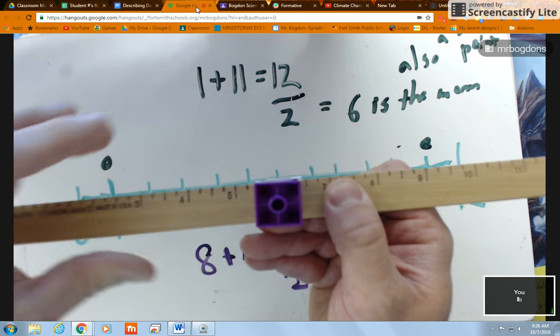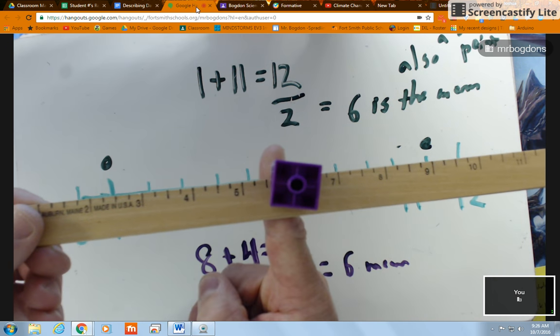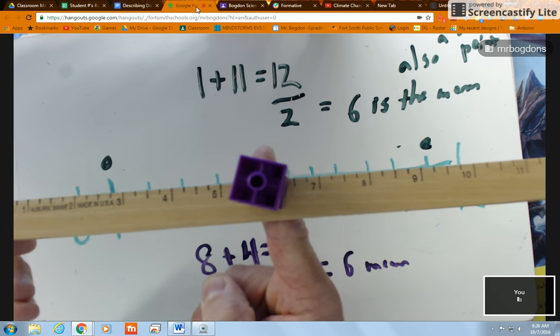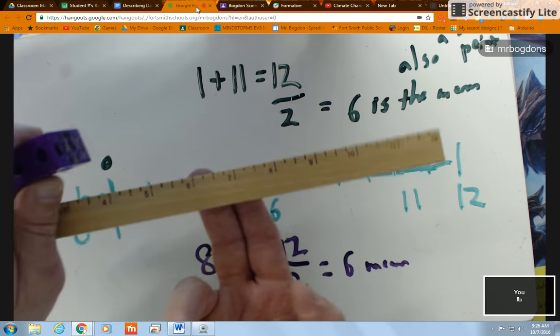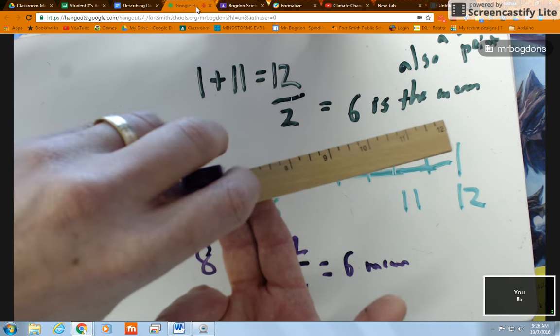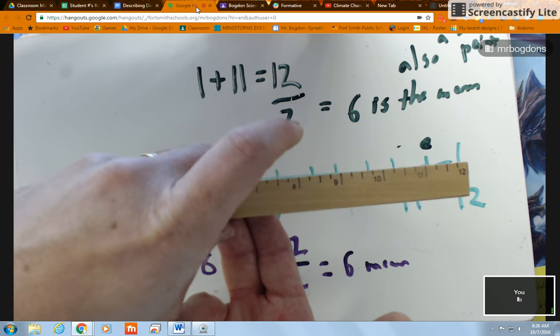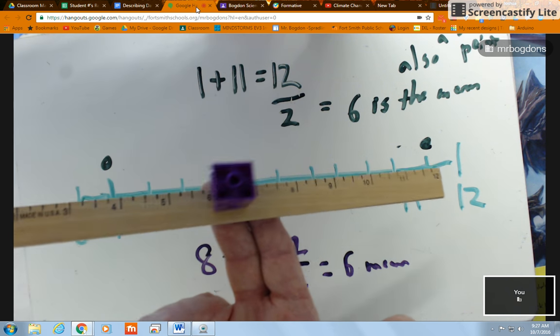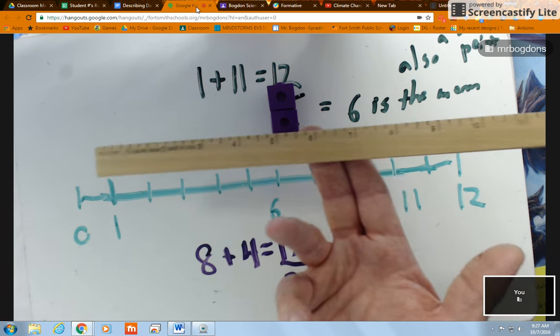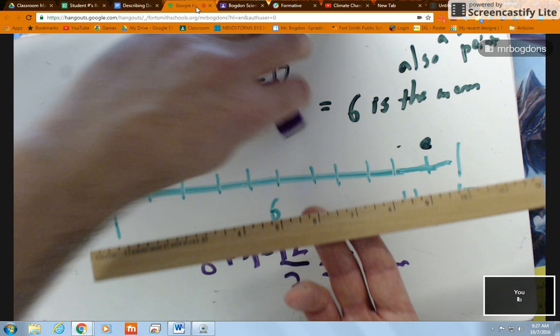So if I keep them both stacked at 6, will my balance point remain at 6? Yeah, no. Well, yes, if I was better at balancing. Then if they were both at 6, is it going to be weighted one way or the other? Not really. Again, I'm just not that good at balancing.